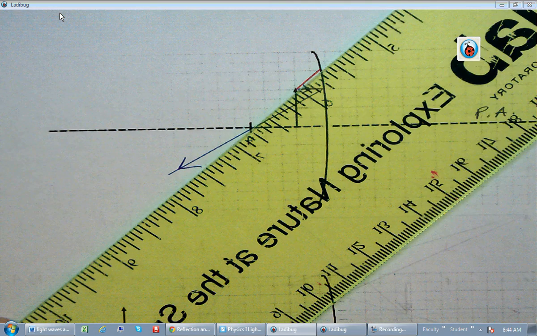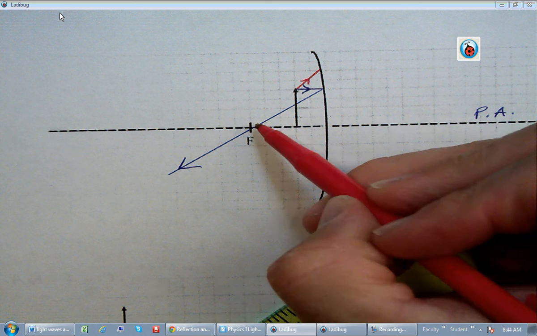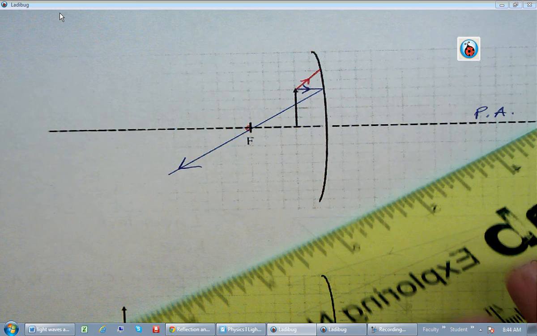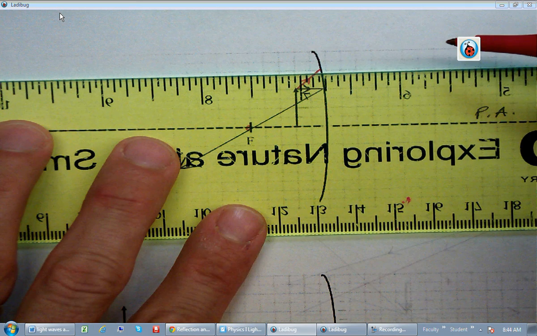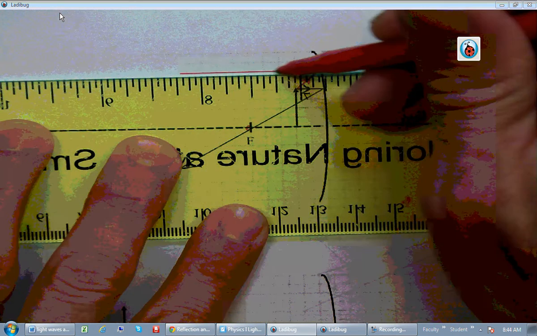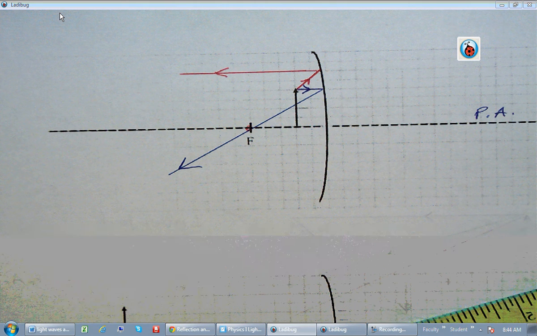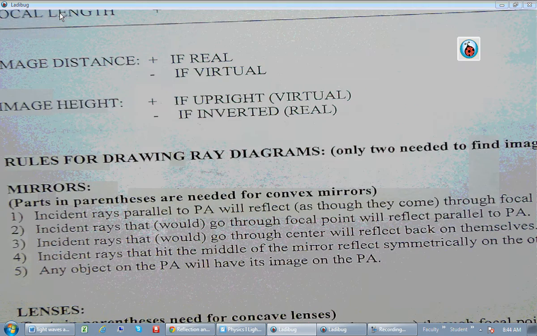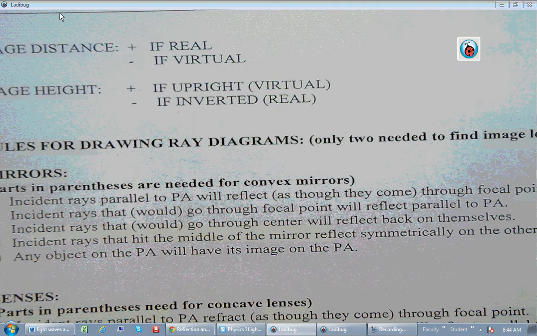And that's not just some random direction. That's the one that comes in a direction that seems to come right from that focal point. Okay, and that is the ray that will reflect off parallel to the principal axis. I have little gray lines on your diagram there to help you get that lined up nicely. So that is rule number 2 here for mirrors. The rays that go through the focal point reflect parallel to the principal axis.